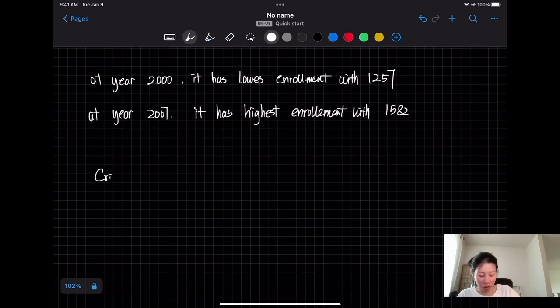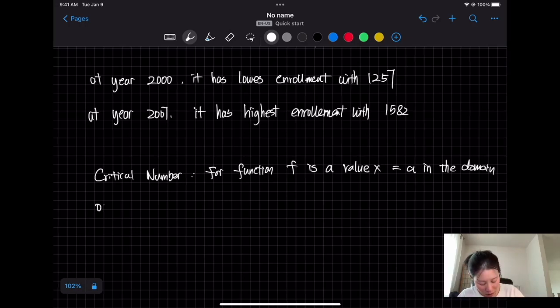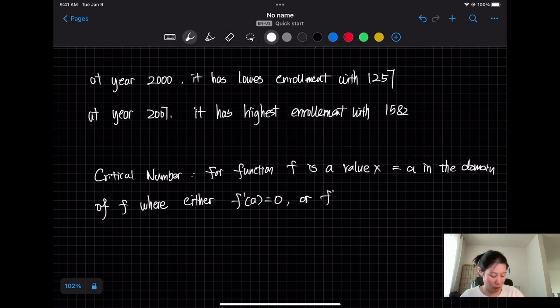The definition of a critical number for a function f is a value x equals a in the domain of f where either the derivative f prime of a equals 0 or f prime of a is undefined. In that case, we call it the critical number.